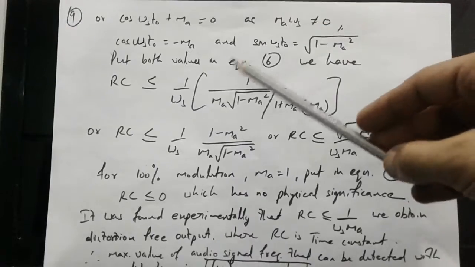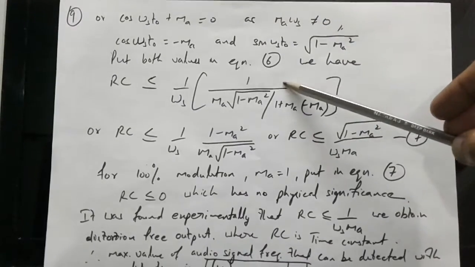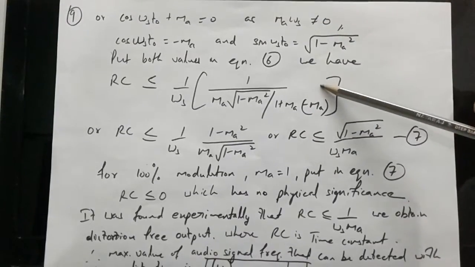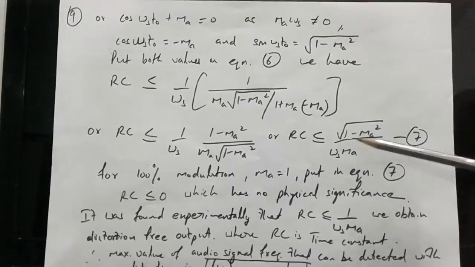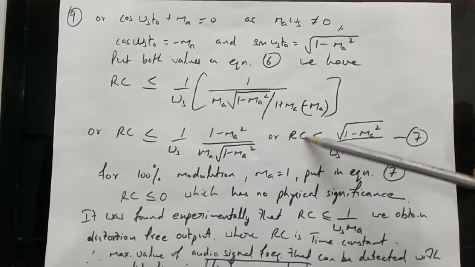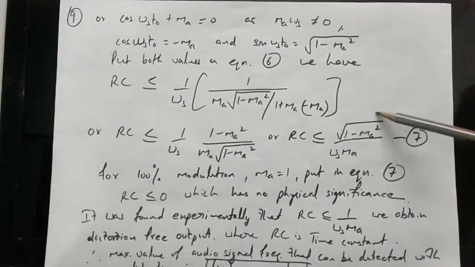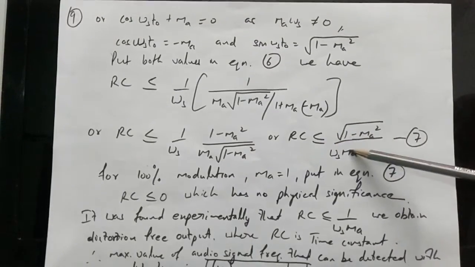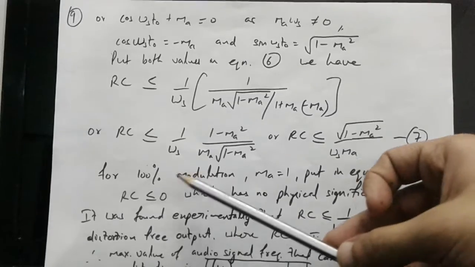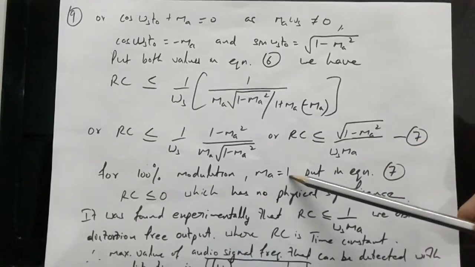So from all these calculations, we get equation 7. The maximum value of the time constant RC should always be less than this expression on the right side. Now some cases: for 100% modulation, we know MA equals 1.